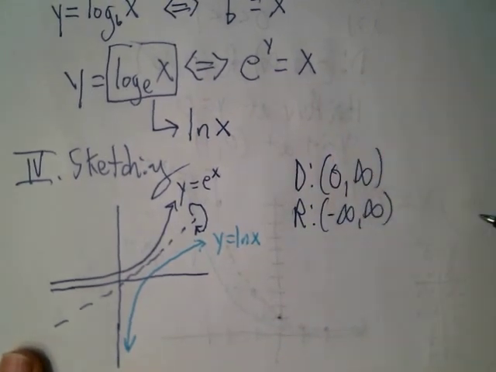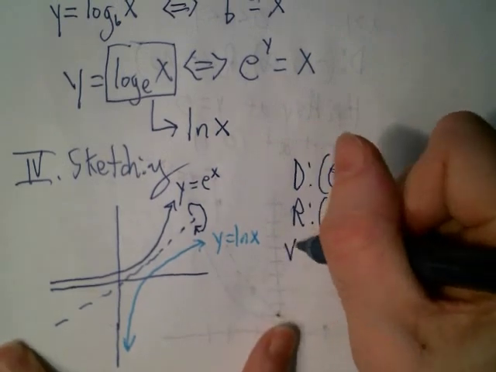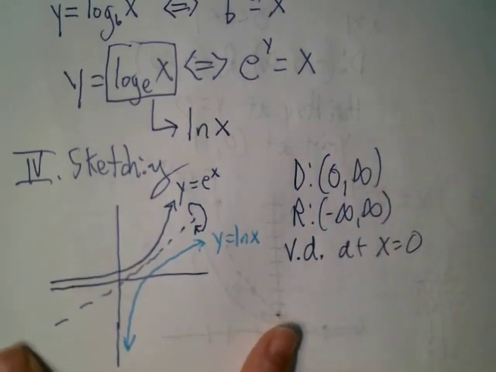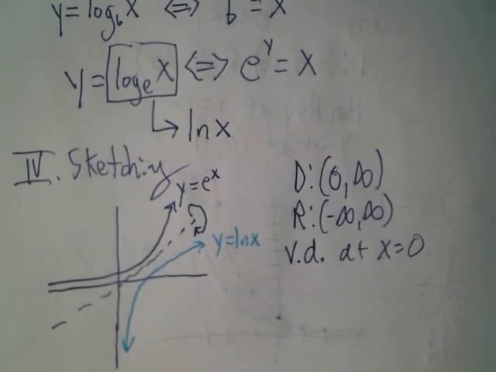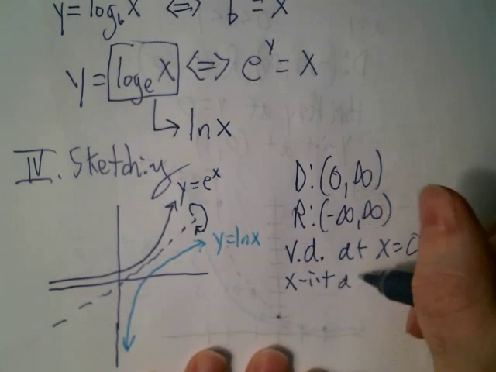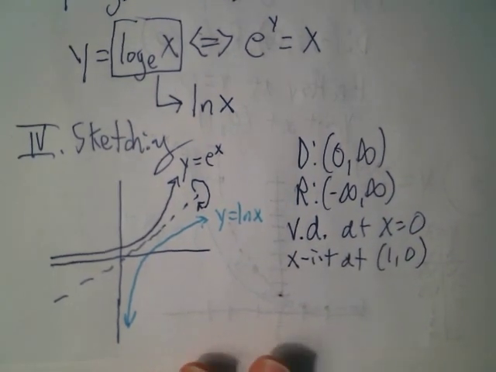It has a vertical asymptote at x equals 0. What else? It has an x-intercept this time at 1, 0. Obviously, it's one-to-one again. I don't know what else to say about it, really. So let's move on.